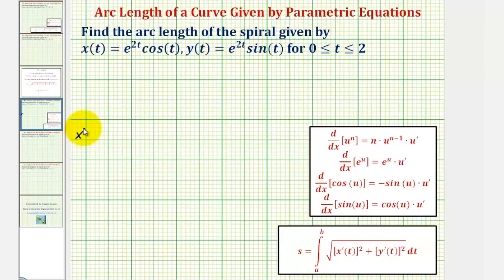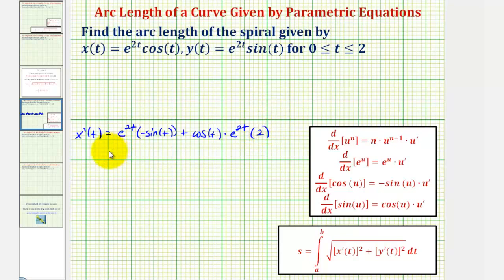So x prime of t is equal to the first function, e to the 2t, times the derivative of the second function. The derivative of cosine t is negative sine t, plus the second function, cosine t, times the derivative of the first function, or e to the 2t. That would be e to the 2t times the derivative of 2t, which is 2.